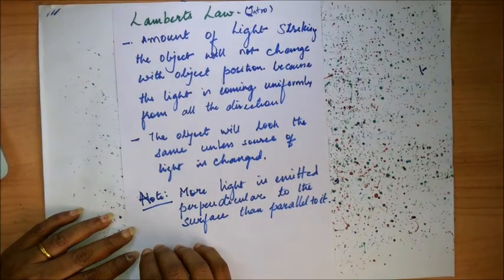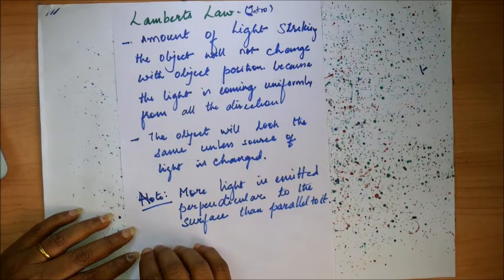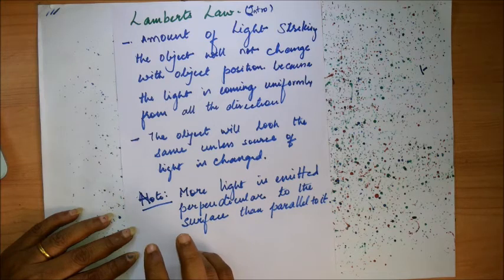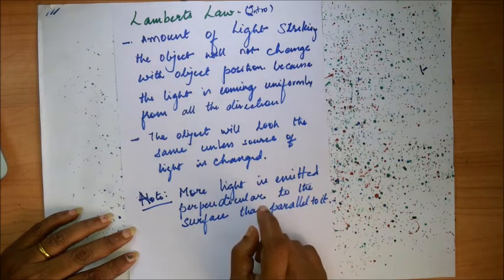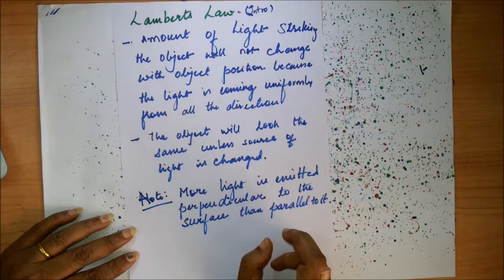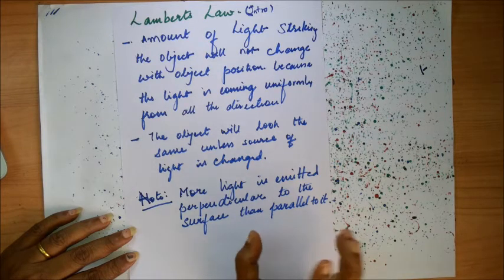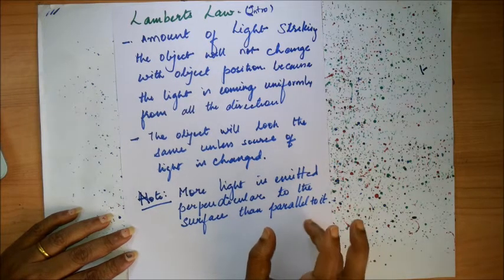To understand Lambert's law, one must know that the amount of light striking the object will not change with the object position, because the light is coming uniformly from all directions. So that's one thing that we have to keep in mind. And secondly, the object will look the same unless the source of light is changed. So these are the two things that we need to keep in mind.